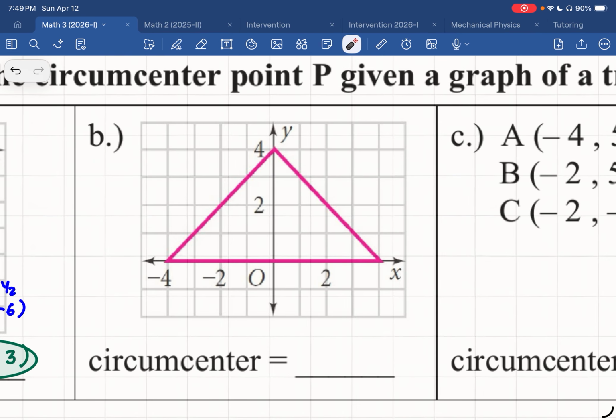As you can see, whenever you have this kind of behavior, guys, that you have 1 and 1, 2 and 2, 3 and 3, 4 and 4, right? It's because we're using a 45-degree proportion, right?